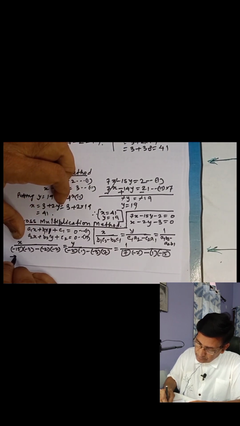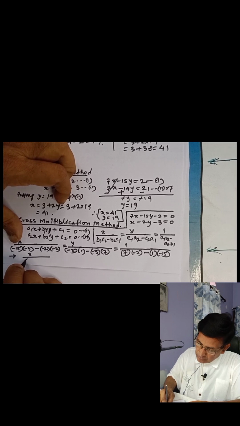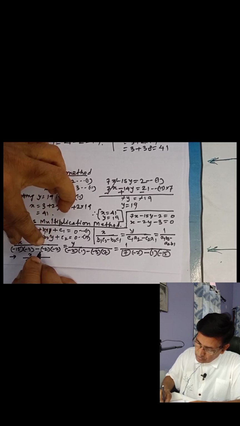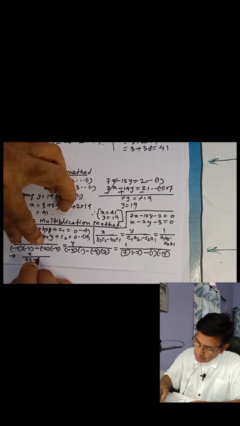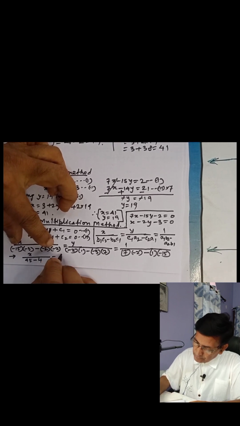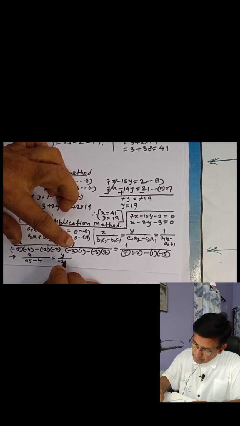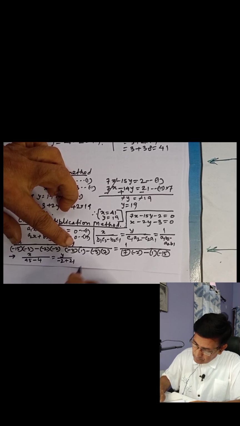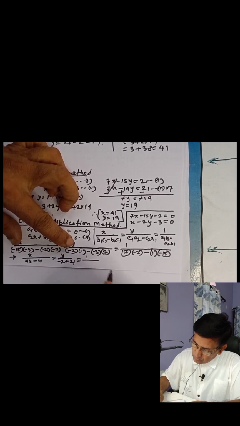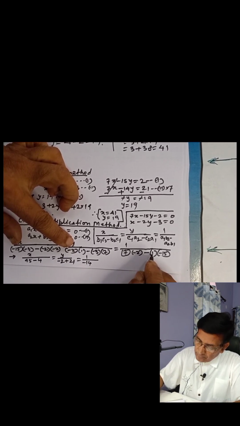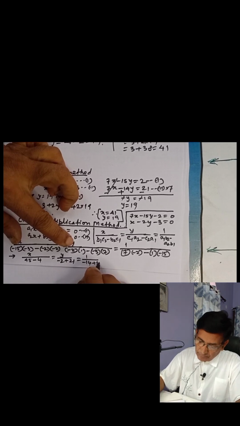If we solve this, then x divided by (plus 45 minus 4), y divided by (minus 2 plus 21), 1 divided by (minus 14 plus 15).